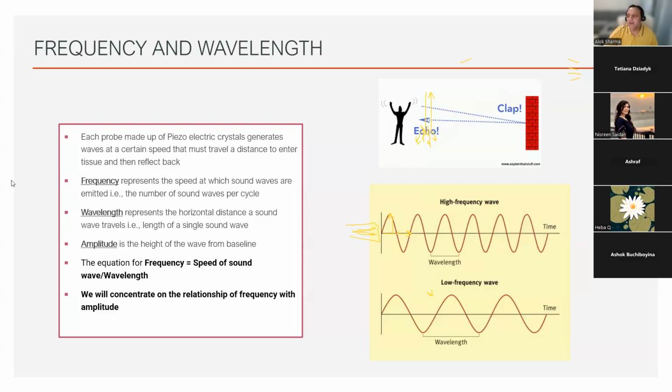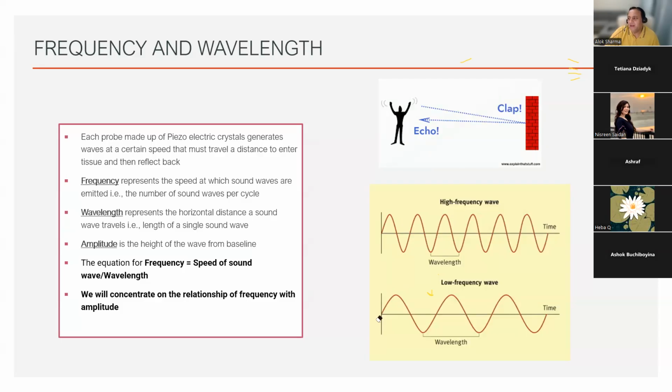Why is it so important that we understand these? Now, if you look at the way an echo returns, so this is a person clapping, it interacts with a brick wall and it returns back. Now, if he claps very fast, you will get multiple sound waves going very quickly, interacting with the wall and coming back. You get multiple echoes, and they'll be very close together. So, what you might find at that particular situation is that the actual interaction of the sound waves as they go, because there's a very short distance between them, will mean multiple echoes coming back to you.